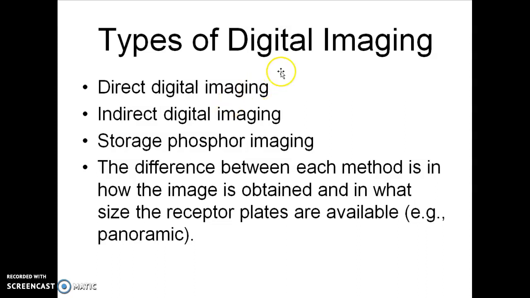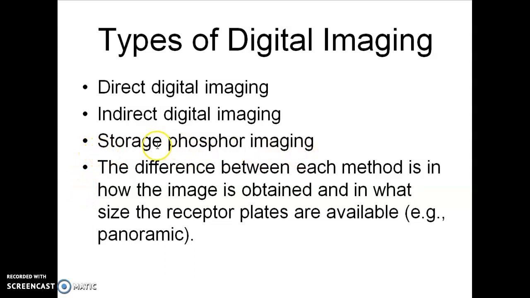So there's different ways to get your image digital, and don't discount film. A lot of offices will take film full mouth and then scan the images, and then they're able to do a lot of the same things, not everything, but a lot of the same things that you are with the other direct digital imaging.